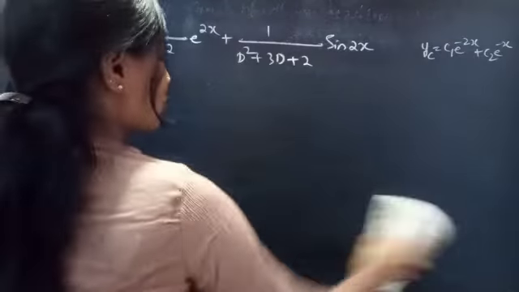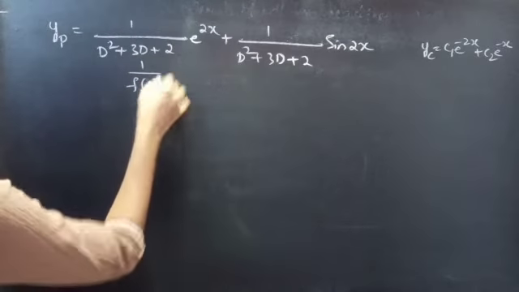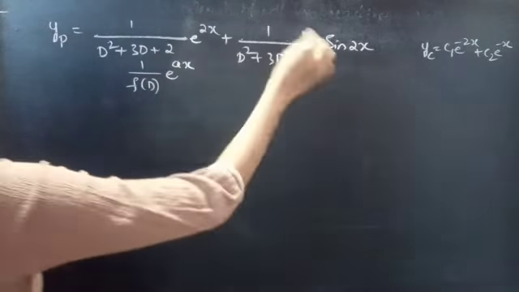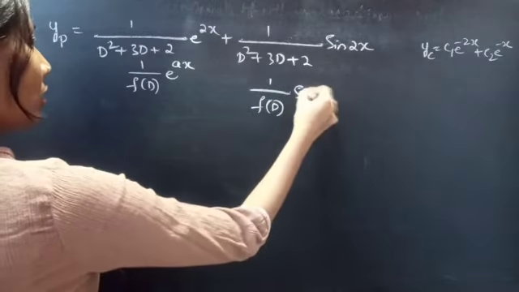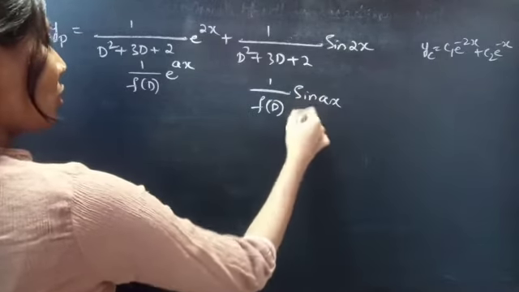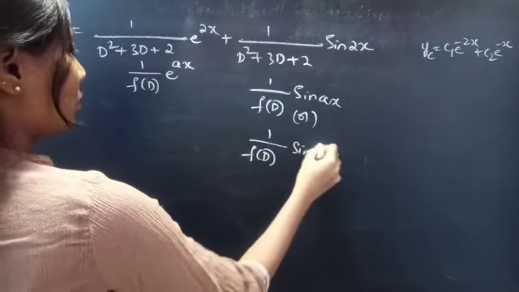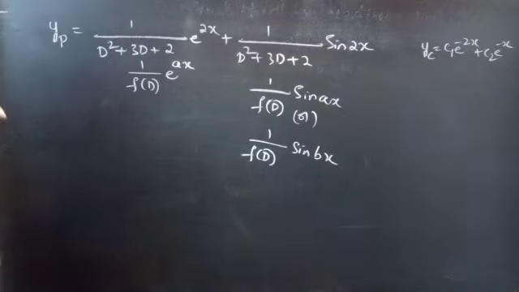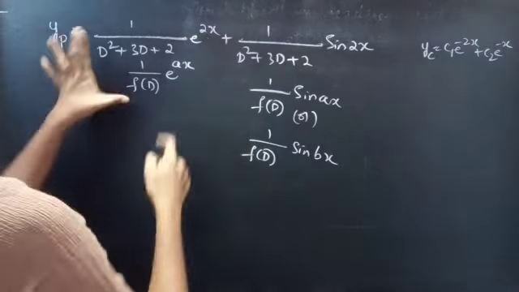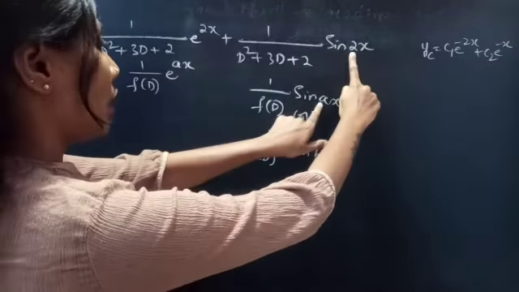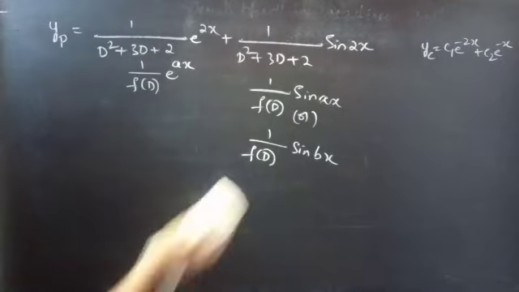The first term is of the form 1 by f of D into e power ax, and the second term is of the form 1 by f of D into sine ax, or sine bx, whatever it is. So here a equals 2 in both.